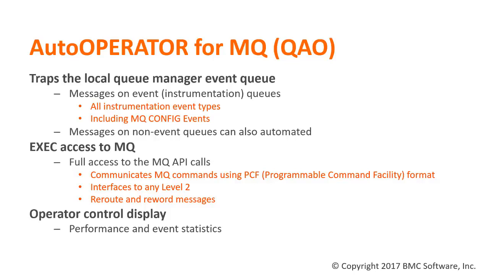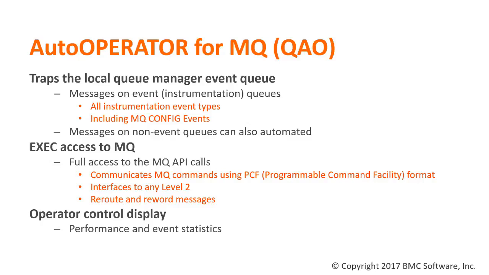The AutoOPERATOR for MQ solution, or QAO, provides automation for the z/OS MQSeries environment. AutoOPERATOR for MQ can see and automate messages which are placed on the MQ event instrumentation local queue.